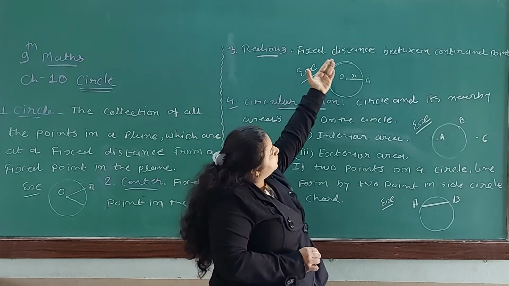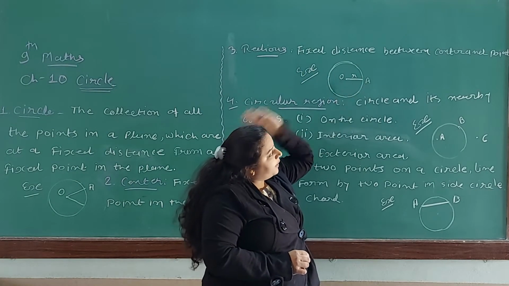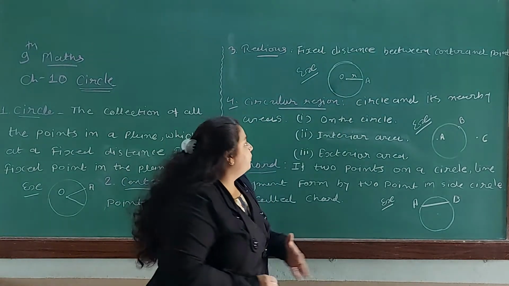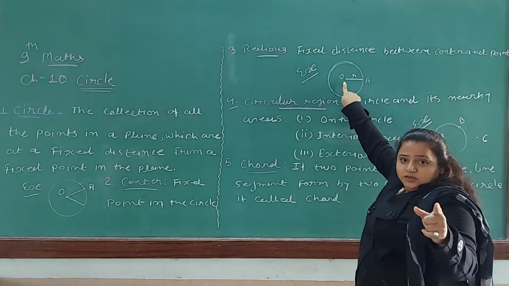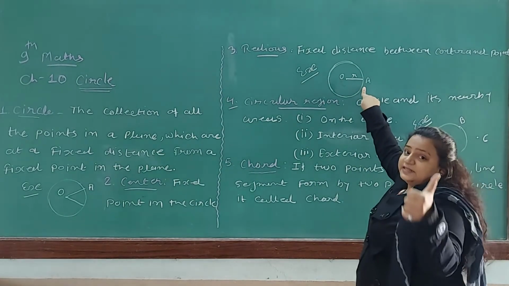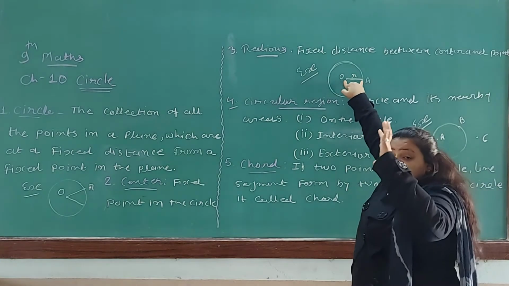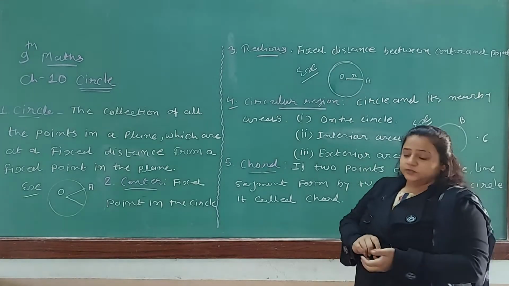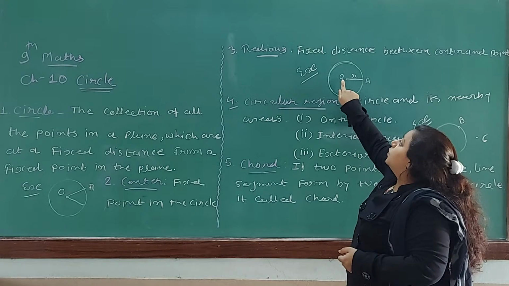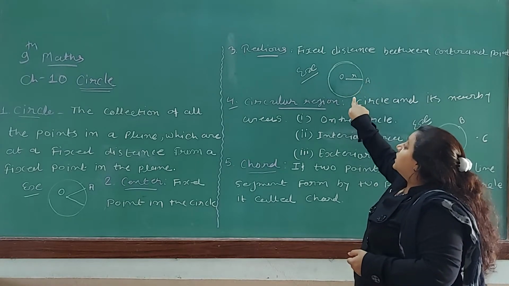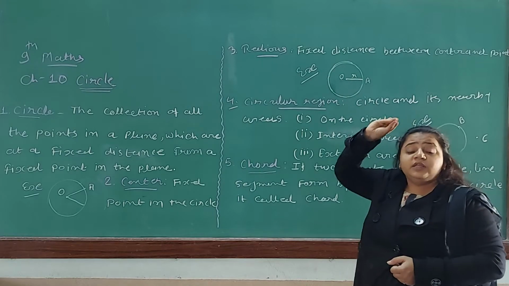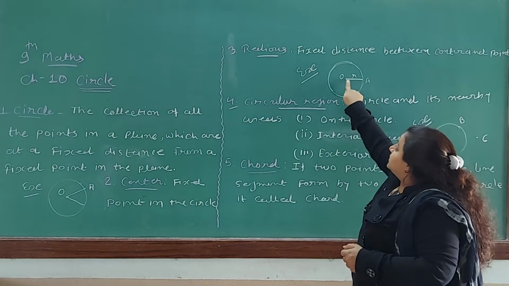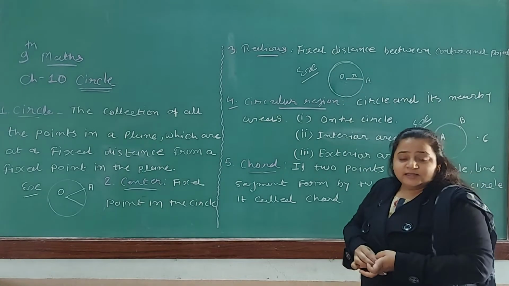The fixed distance between the center and a point. The center is O, the point is A. That distance will remain fixed till the entire circle is complete. The distance between O and A or any other point on the circle will remain the same as long as the center is O. So this fixed distance is known as the radius.